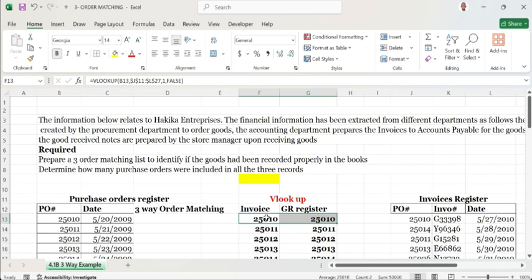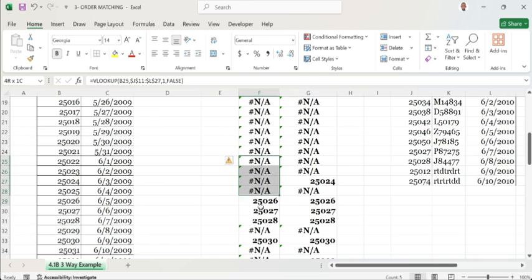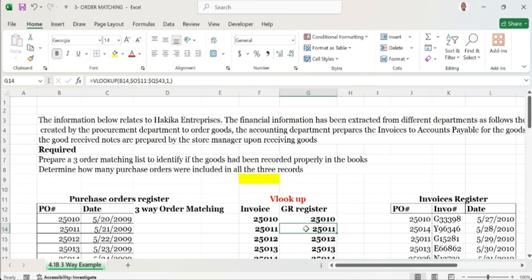Are we together? Yes. Nice. Now we want to use the three-way order matching.